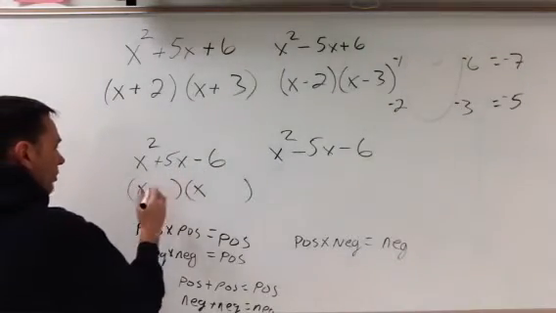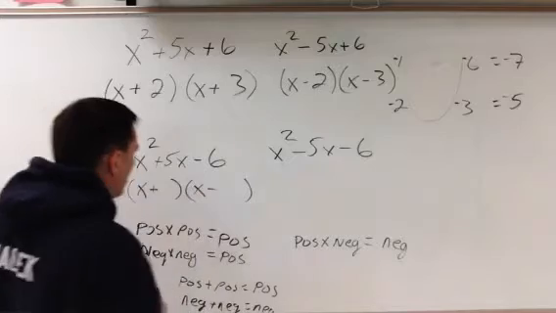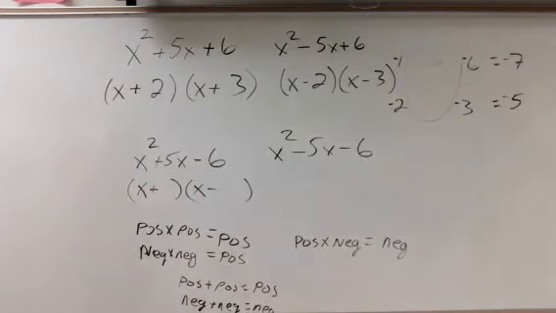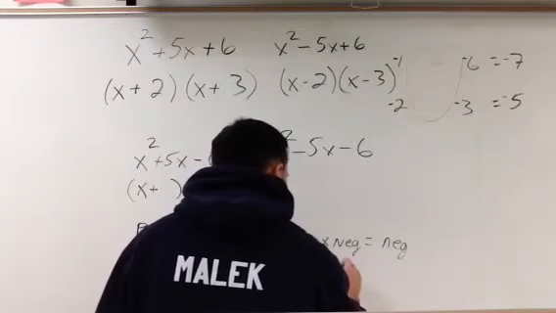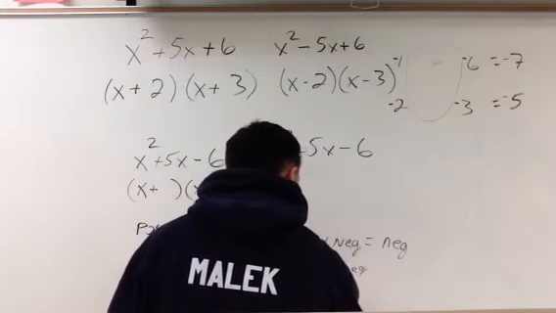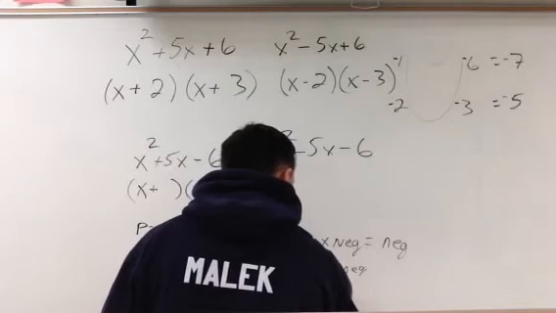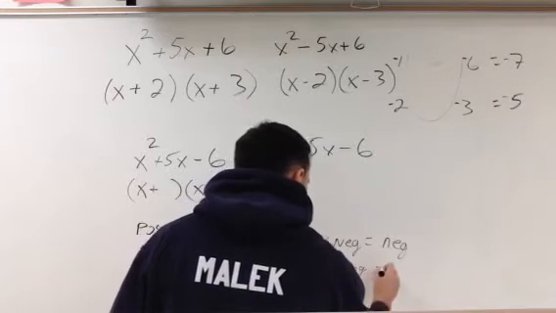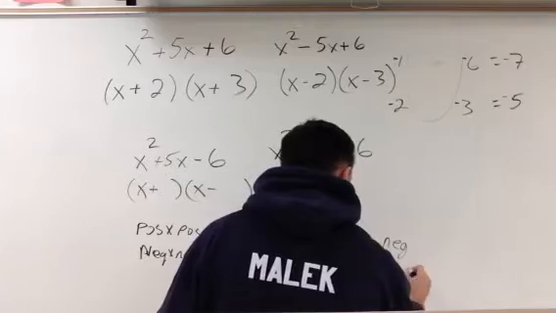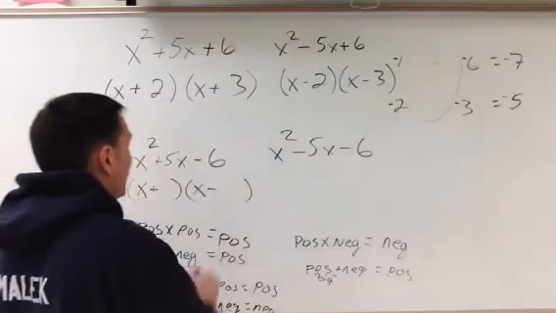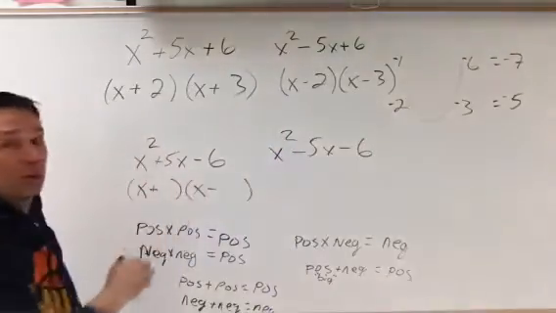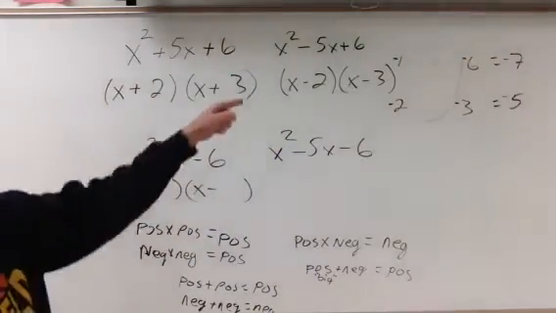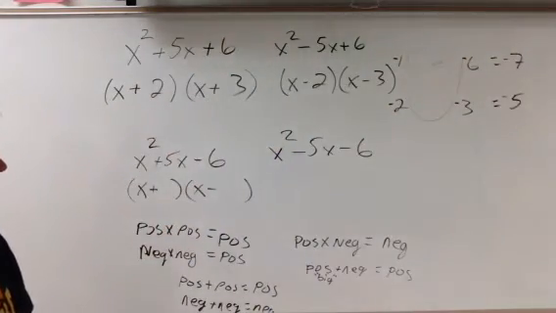It doesn't matter what order they go in, but I'm going to make 1 positive and 1 negative. Now, if the bigger number is positive, then this answer will be positive when we add them together. This answer is positive. So when I start looking at my factors, the bigger number is going to be a positive number.